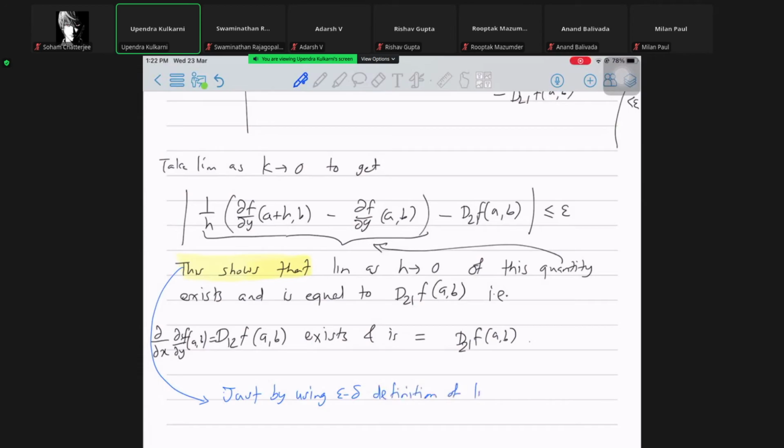Strictly speaking, I have less than or equal to epsilon, rather than less than epsilon, but it's neither here nor there. Just use whatever, epsilon by 2, 2 epsilon or something like that.